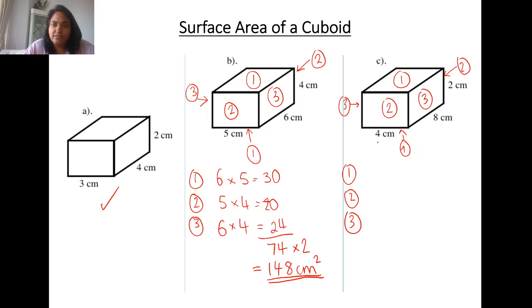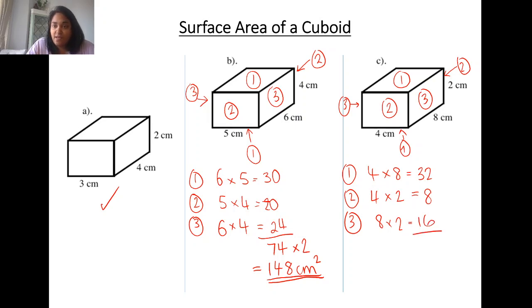So my panels 1s, 2s and 3. So my 1 panel is going to be a 4 by 8, 32. My 2 panel is going to be a 4 by 2, right then there is 2. And my 3rd panel is going to be an 8 by 2, gives me 16.